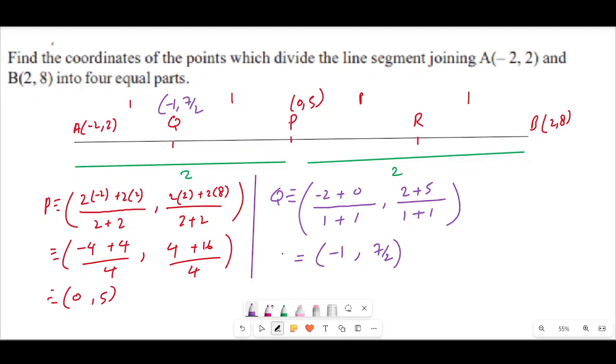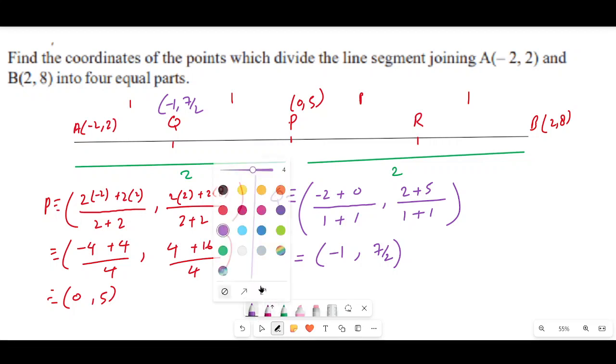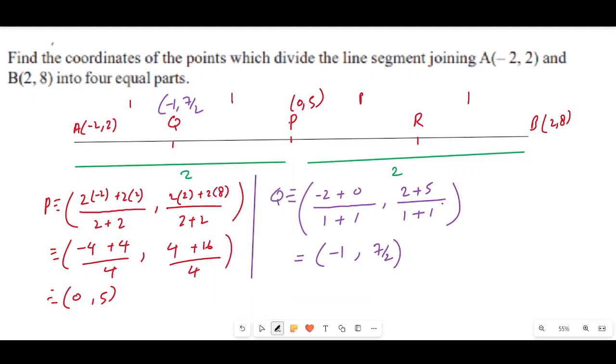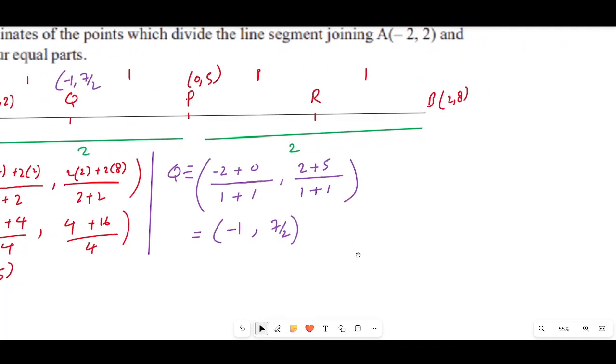Now for R, we can find out in the same manner.